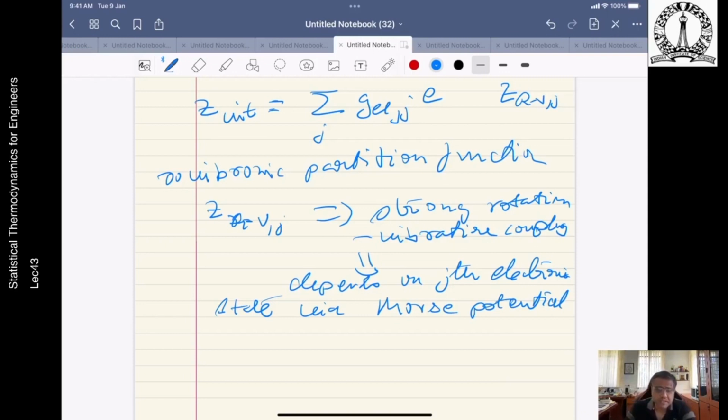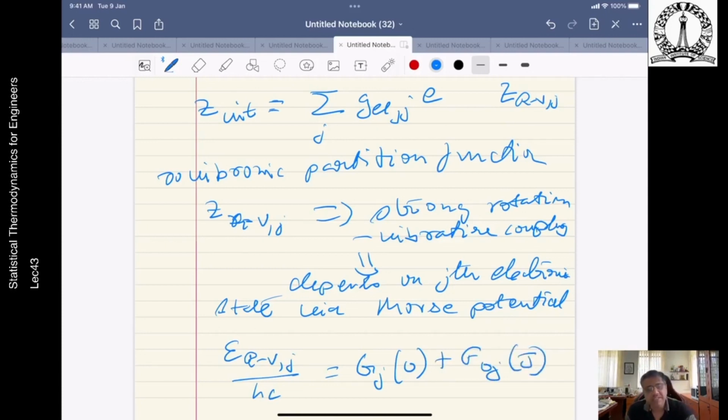In other words, the rovibronic energy, E_RV,j by HC, would be equal to something like this. It depends on which electronic state you are in, and the electronic state is important, therefore this is j. So it's always affected by the identity of its associated electronic energy mode.